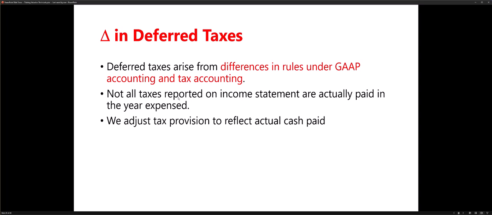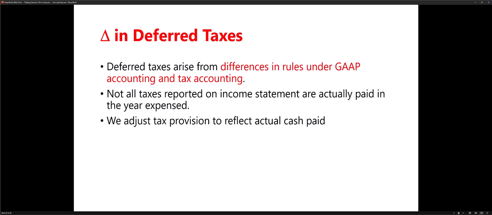for example, all right, Apple bought this big equipment that costs, let's just say, 100 million. And to save money on taxes, they want to depreciate it faster versus a straight line depreciation.